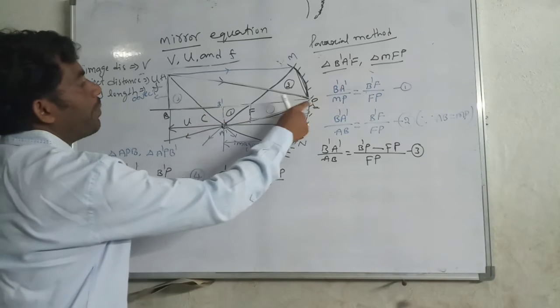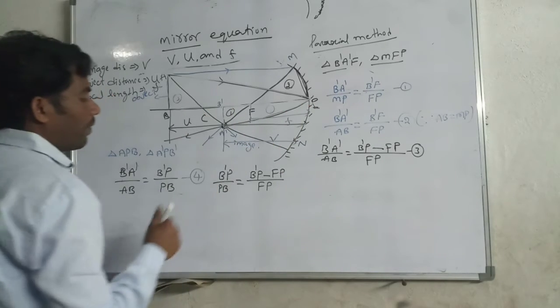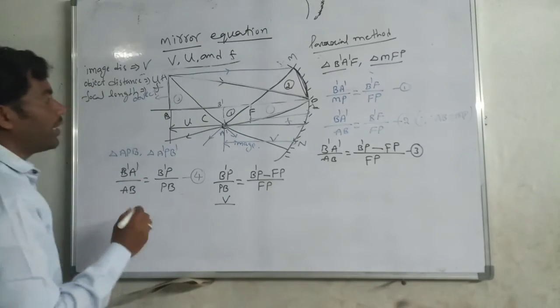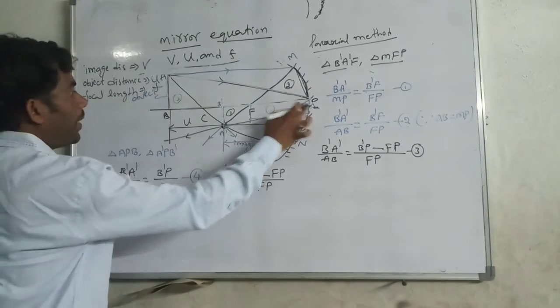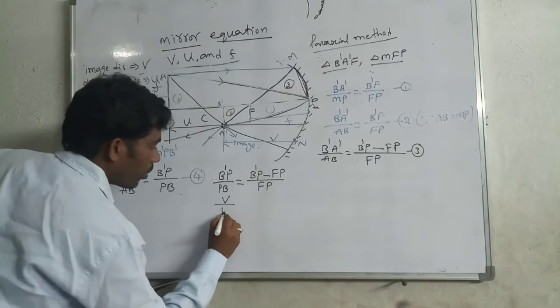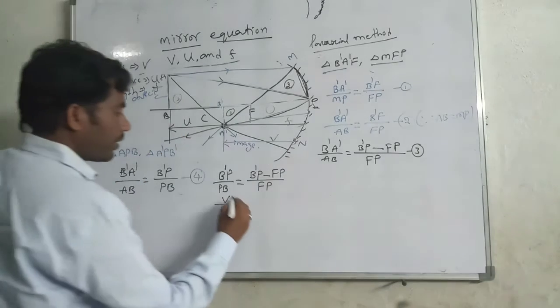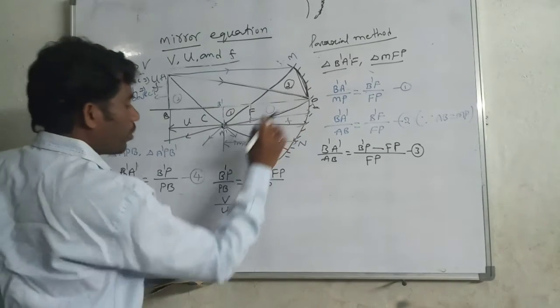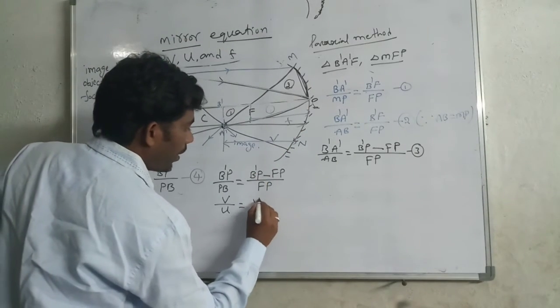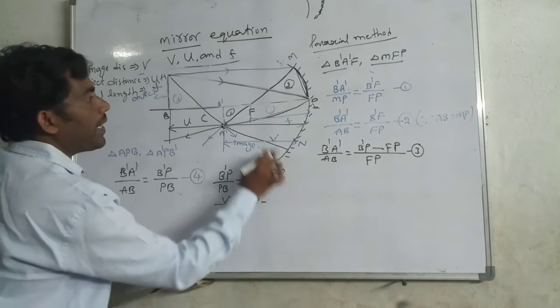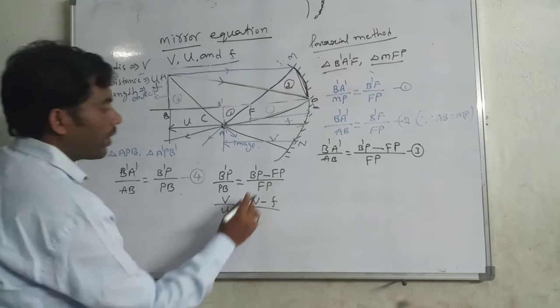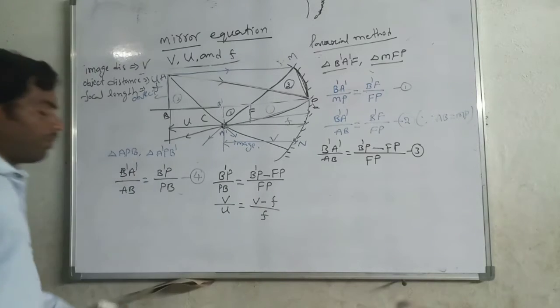B dash P means the value of V. And what is the value of PB? PB is the value of U. Then B dash P equals V minus FP, and FP is the focal length F.